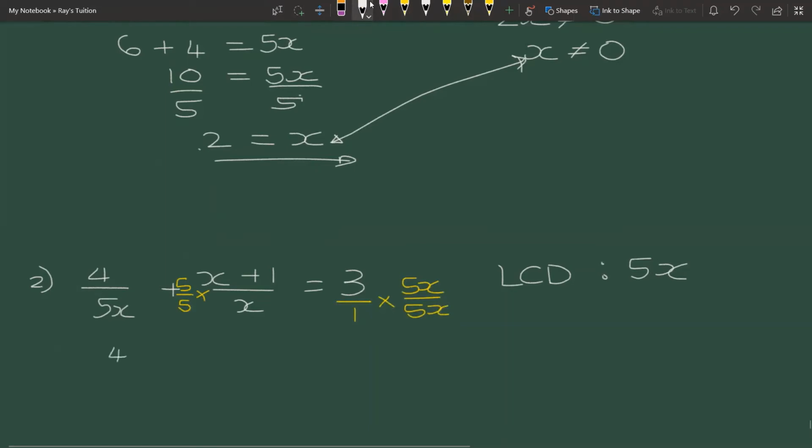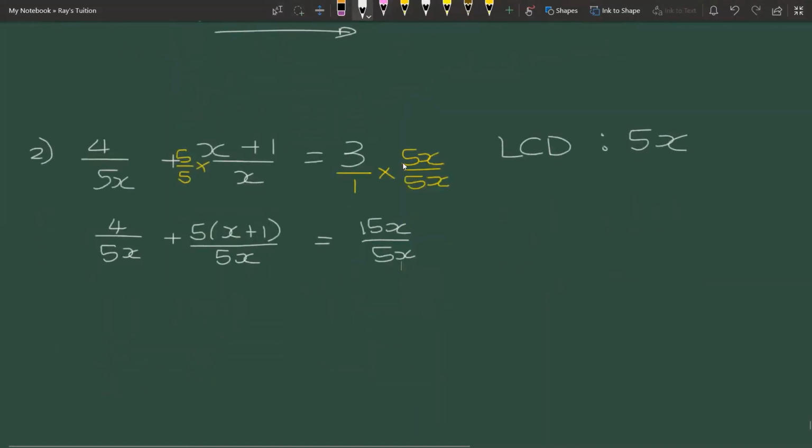Then this here is 4 over 5x plus 5 times x plus 1, so that 5 gets multiplied with x plus 1, over 5x is equal to 15x over 5x. So 3 times 5 is the 15x and 1 times 5 is the 5x. Then the denominator is the same, so we can work with just the numerators.